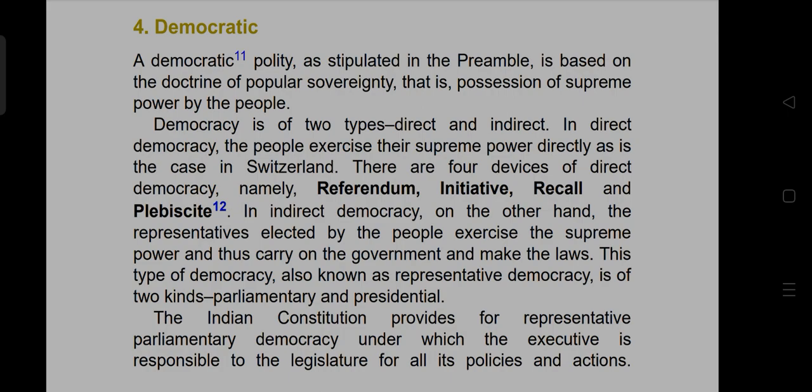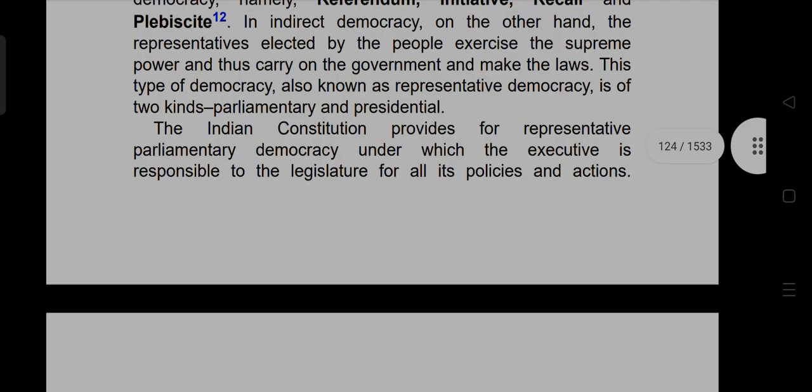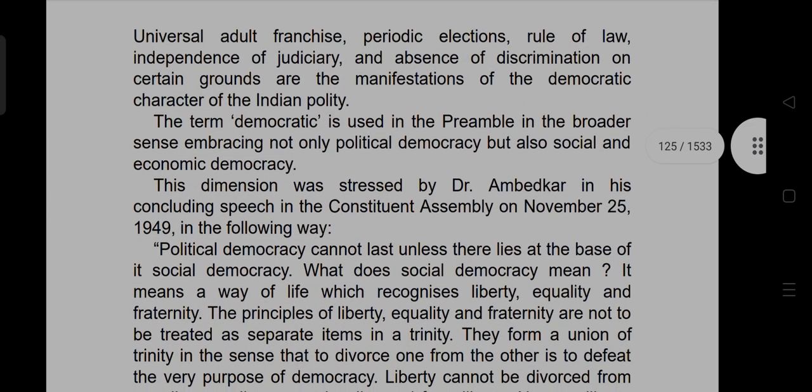The Indian Constitution provides for the representative parliamentary democracy, under which the executive is responsible to the legislature for all its policies and actions. Universal adult franchise, periodic elections, rule of law, independence of judiciary, and absence of discrimination on certain grounds are the manifestations of the democratic character of Indian polity.